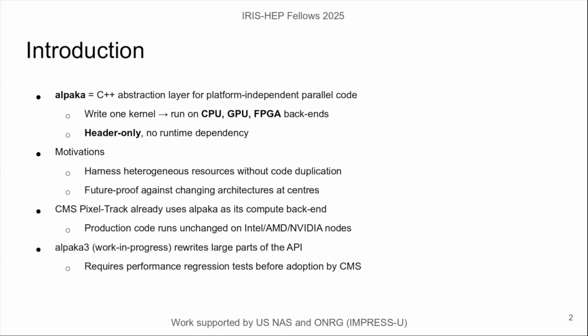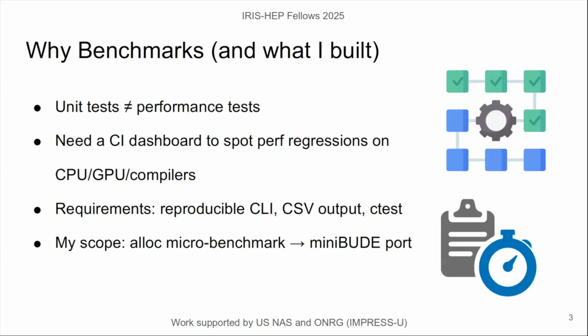That's crucial for LHC experiments, where clusters are a patchwork of vendor hardware. As I know, PixelTrack already benefits from Alpaka, but the upcoming version of this library is a major rewrite. So we need quantitative benchmarks to be sure CMS can switch without any surprises.